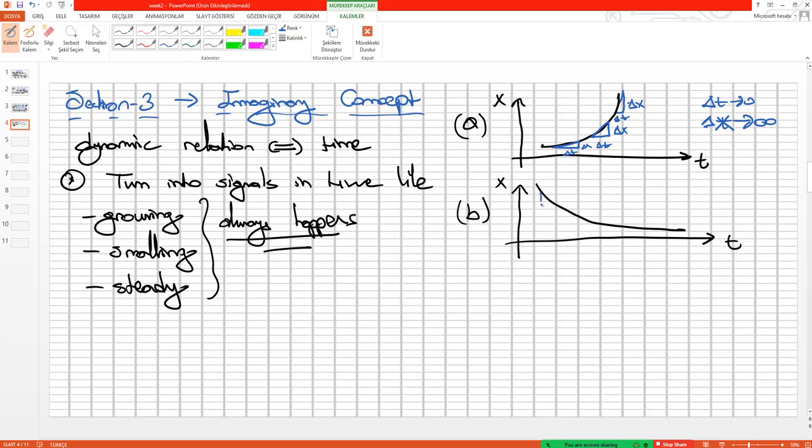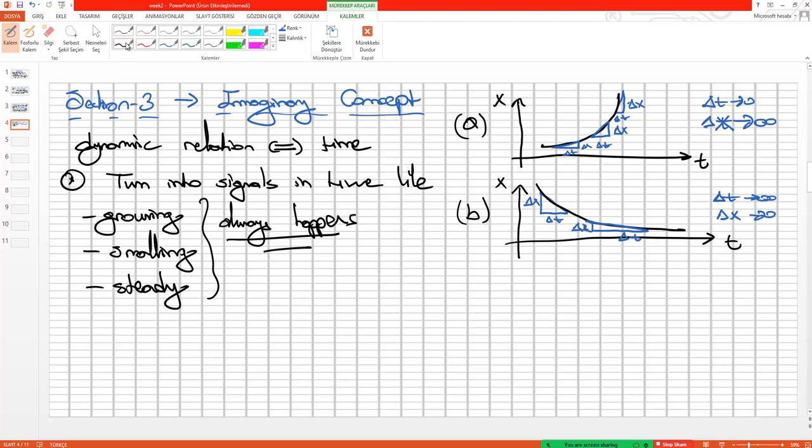We have delta T and delta X, and the ratio of this term in each case: delta T goes to infinity, delta X goes to 0, because we don't have any dynamics in this case, right? Because each time this value is closing toward some point and shrinking. And so this is always growing.